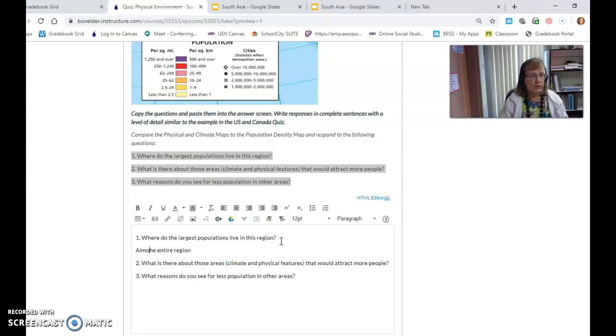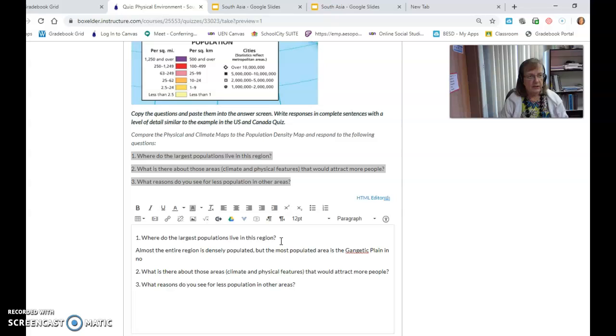So I'm going to say almost the entire region is densely populated. But the most populated area is the Gangetic Plain in northern India.